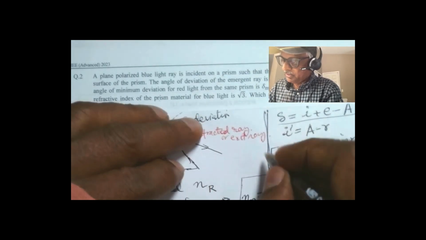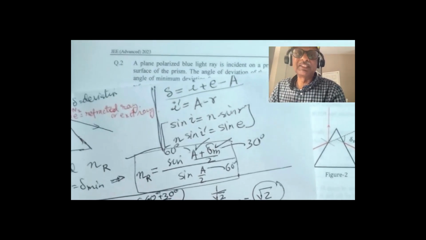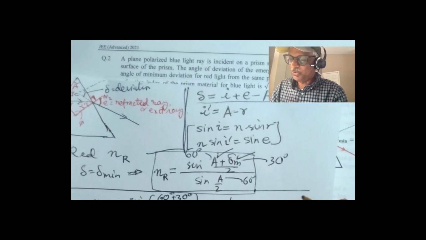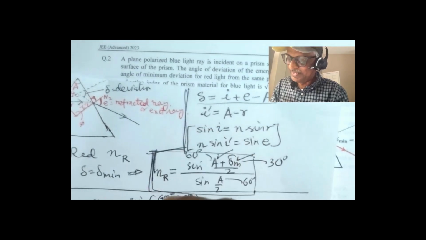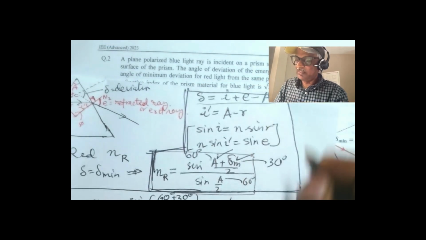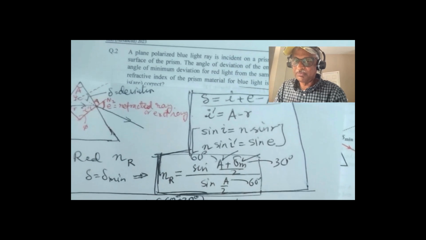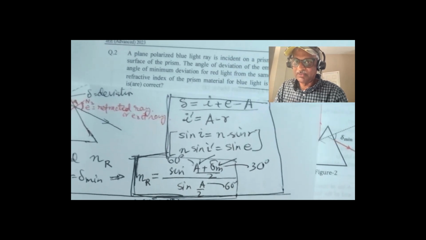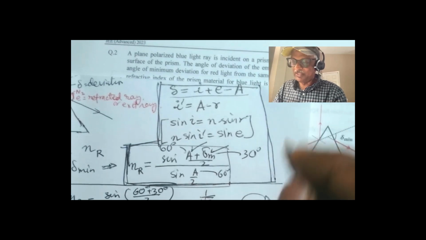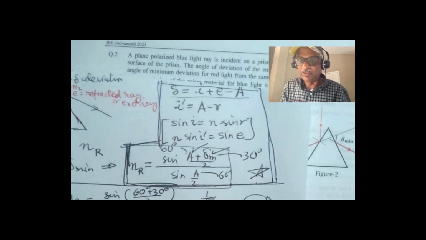Let me put these up here so that in the future you know what formulas you need to memorize. This is a formula that will probably help you in solving prism problems, and it's probably best to memorize them. All right, so I'm going to stop this.